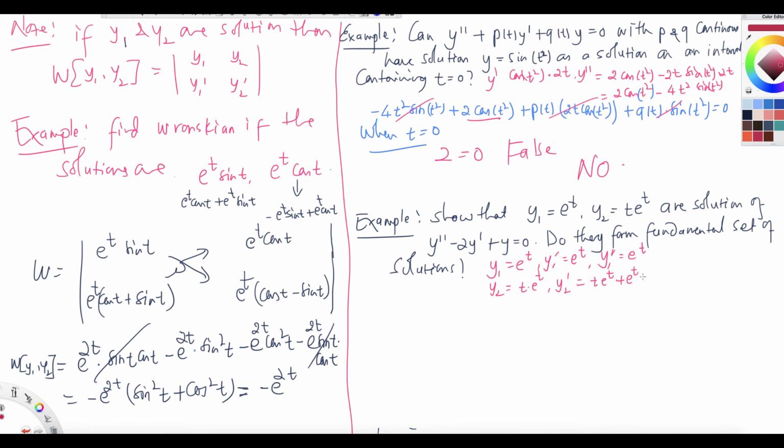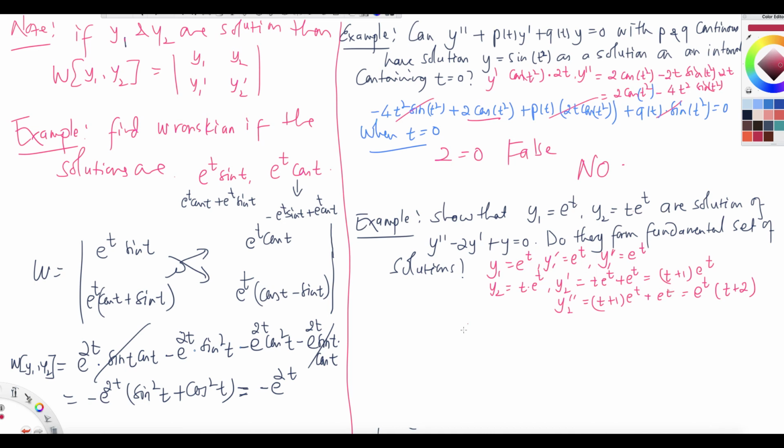And so you can write this as (t plus 1) e to the t. So what is y2 double prime? y2 double prime is (t plus 1) times e to the t plus e to the t. If you factor e to the t out, you can write (t plus 2) e to the t. So this t is in the exponent, okay.